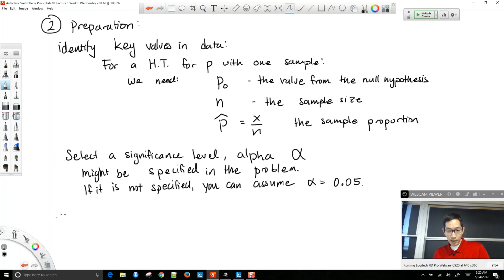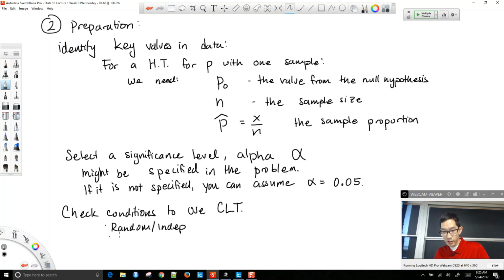All right. And then lastly, we will check conditions to use the central limit theorem. And those are the random condition, random independent, large sample, and big population.